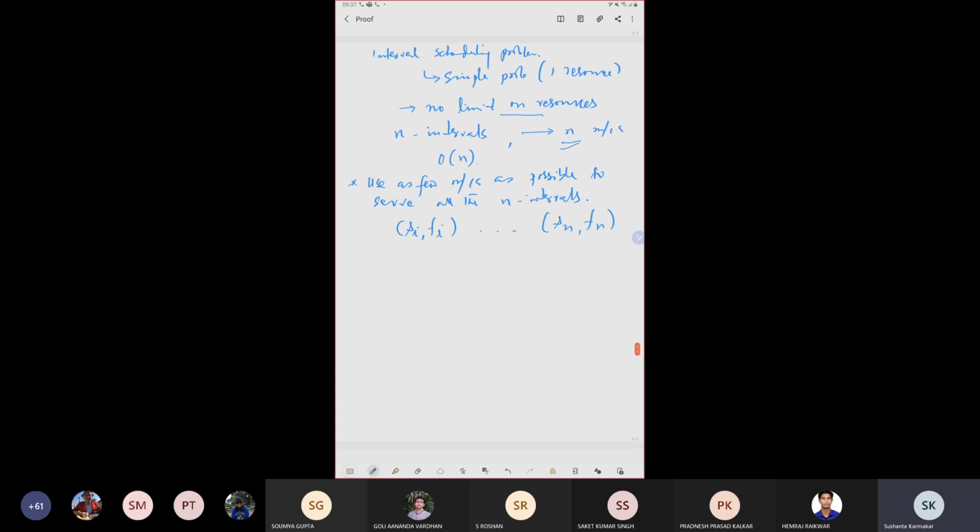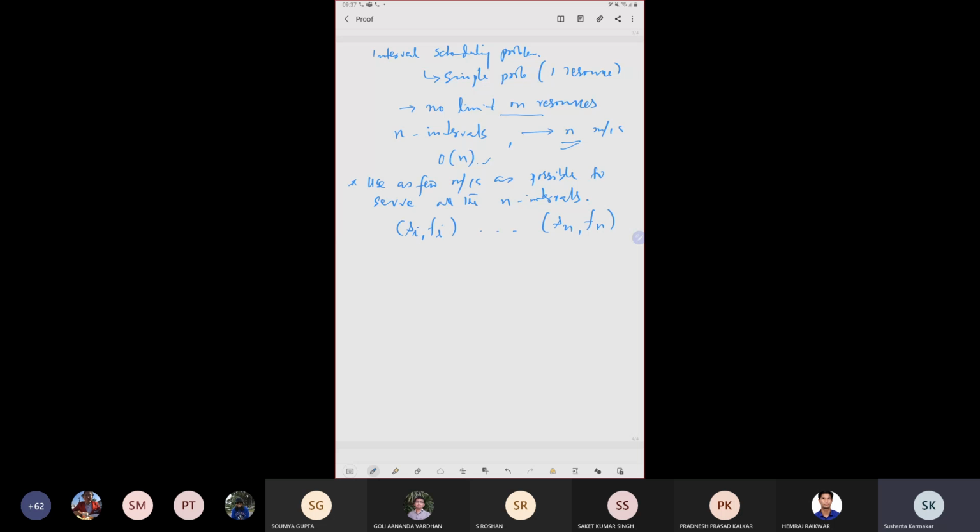If there is no limit, then I can go for as many as I have, n machines. n machines means give everyone a single machine. So then the problem is trivially solved. I can do it in O(n) time. That's fine. But now the question is, use as few machines as possible.